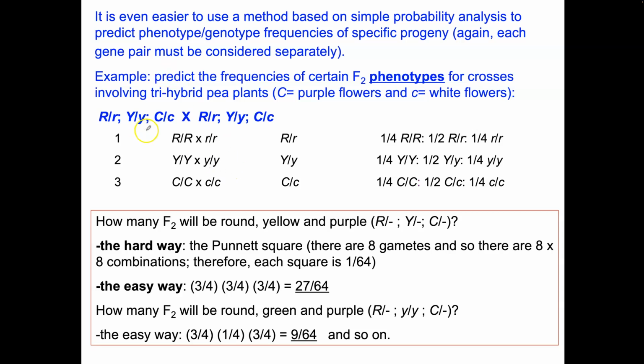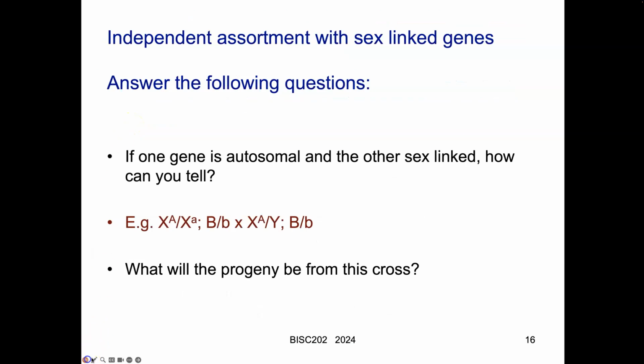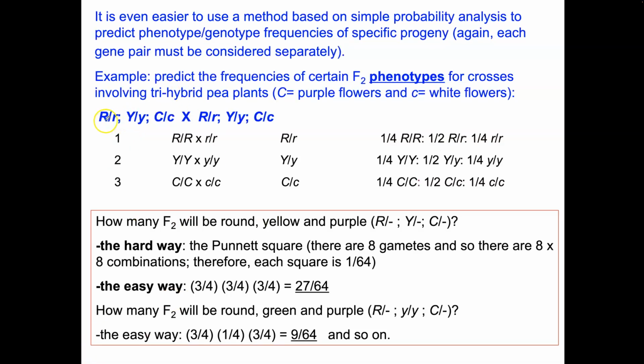And so here's a couple of examples. This is a trihybrid cross with pea plants: purple flowers versus white, yellow versus green, and round versus wrinkled. You first figure out the outcomes of each of those crosses separately. And you can even be asked for something really precise, which I haven't done here, but you might be in the class.